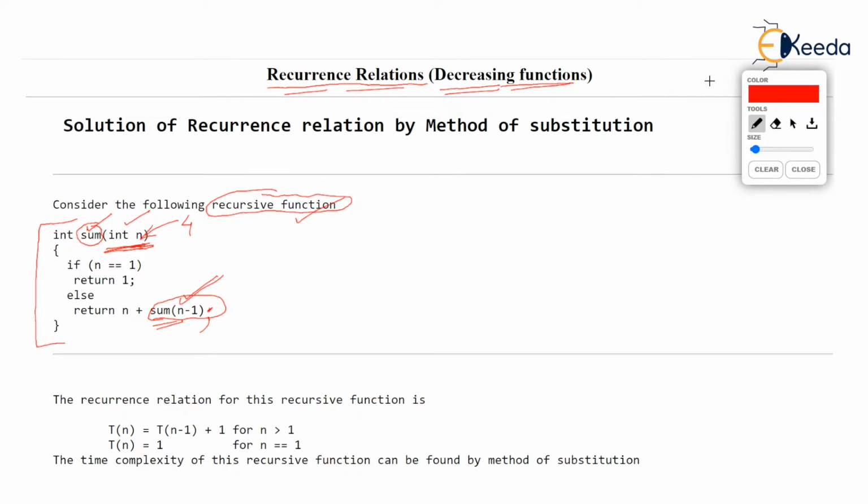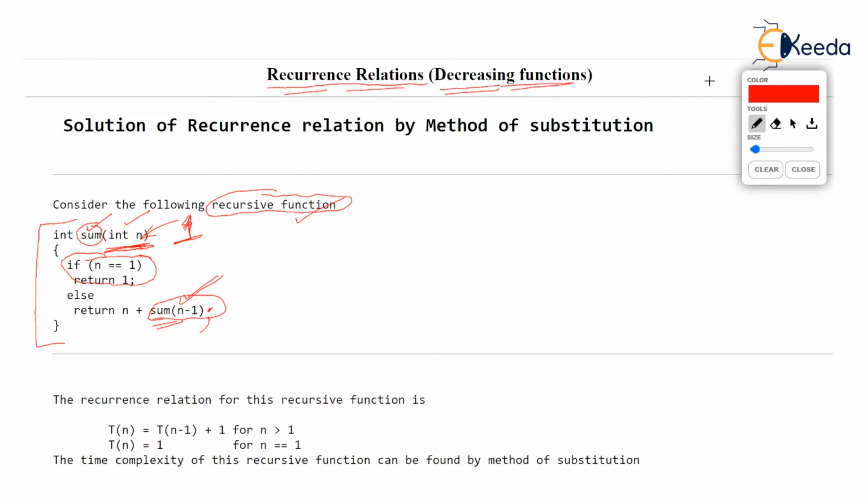then sum 4 will call sum 3, sum 3 will call sum 2, sum 2 will call sum 1, but when sum 1 will be called, n will be 1, correct? And when n is 1, this if statement which I am encircling will become true because n is 1 and the function will return 1.